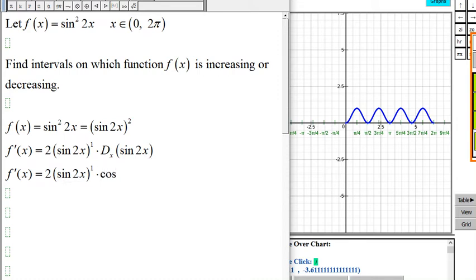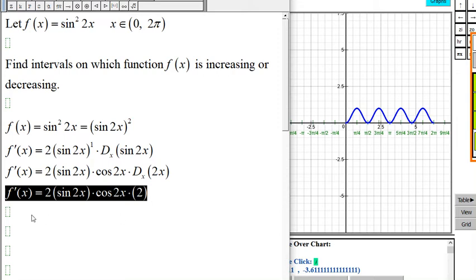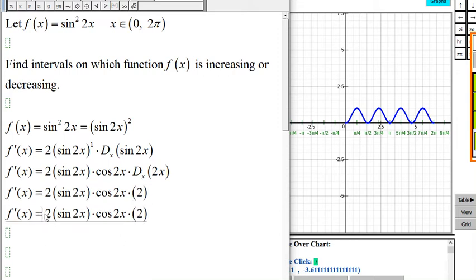And so we get cosine of 2x, and then times the derivative of u, which is 2x, and the derivative of 2x is just 2. So we end up with 4 sine 2x and cosine 2x.